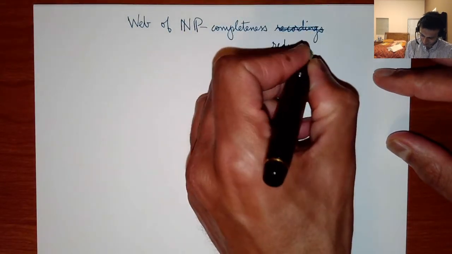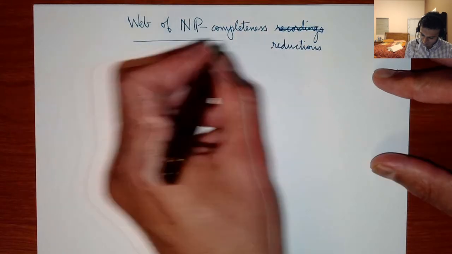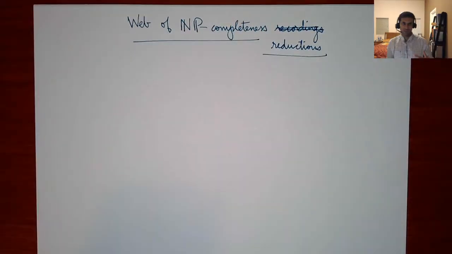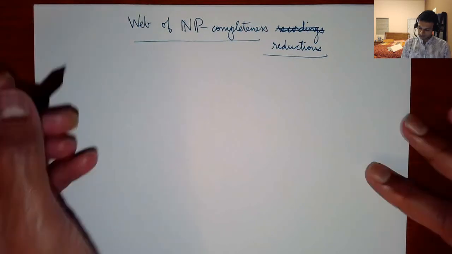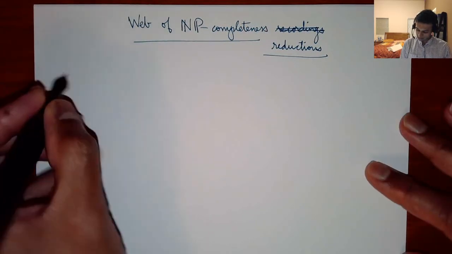Reductions. And this is really, in some sense, the big power of the theory of NP-completeness. This is its greatest success story. And it's all based on, I may have even written this claim before, I will just write it again.